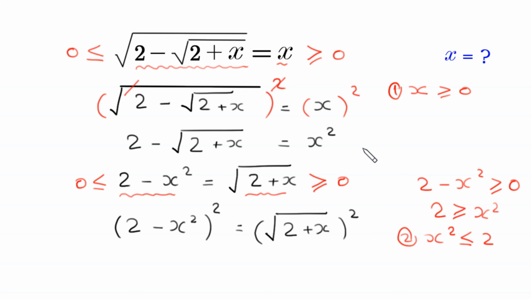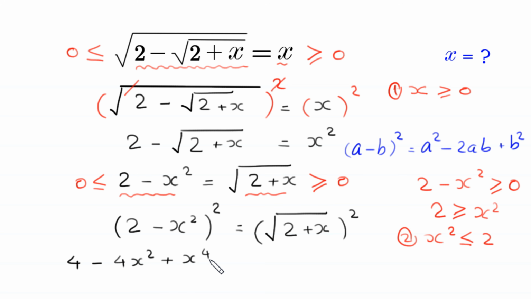Now by using this algebraic identity, a minus b whole squared is equal to a squared minus 2ab plus b squared, this 2 minus x squared whole squared is equal to 4 minus 4x squared plus x to the power 4, equal to, this square will be cancelled out with this square root, and on the right hand side we are left with 2 plus x.